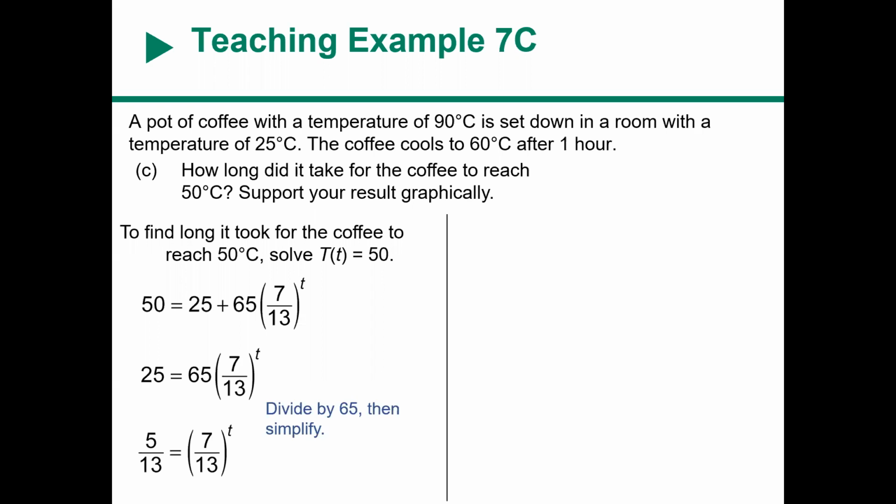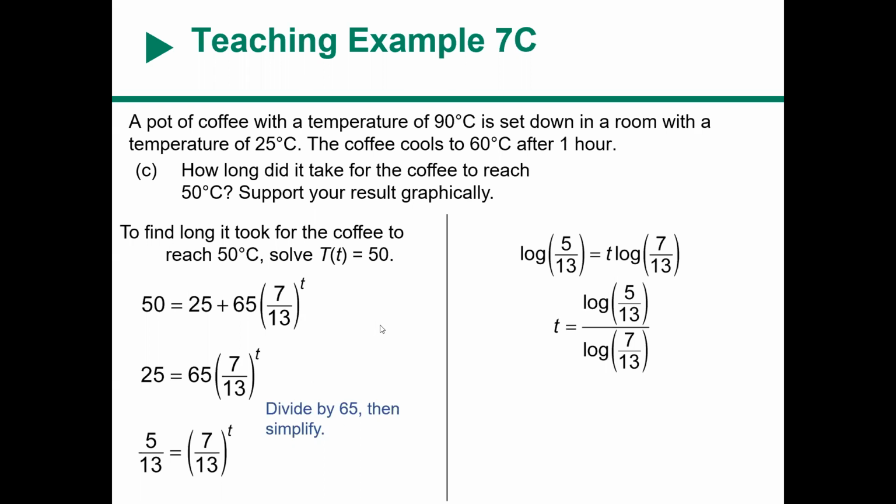And now we're going to take the natural log of both sides. Or the common log, I'm sorry, I forgot what I did. And so once I take the common log of both sides, I'm now able to get t by itself. So t exactly is log of 5/13 divided by log of 7/13. Well, you don't tell time that way. So then I'm going to use the calculator to approximate.